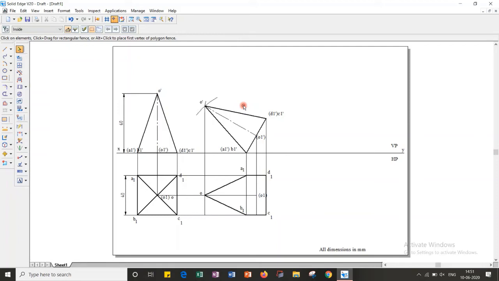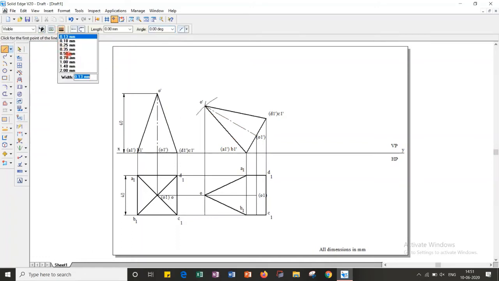All the visible points should be connected using continuous line and all hidden points should be connected using dotted line. Since points A1 and B1 are below the axis line, it is hidden. So you have to connect using a thick dotted line. So that completes all the three lines from point A1: A1 to O, A1 to D1 and A1 to B1.